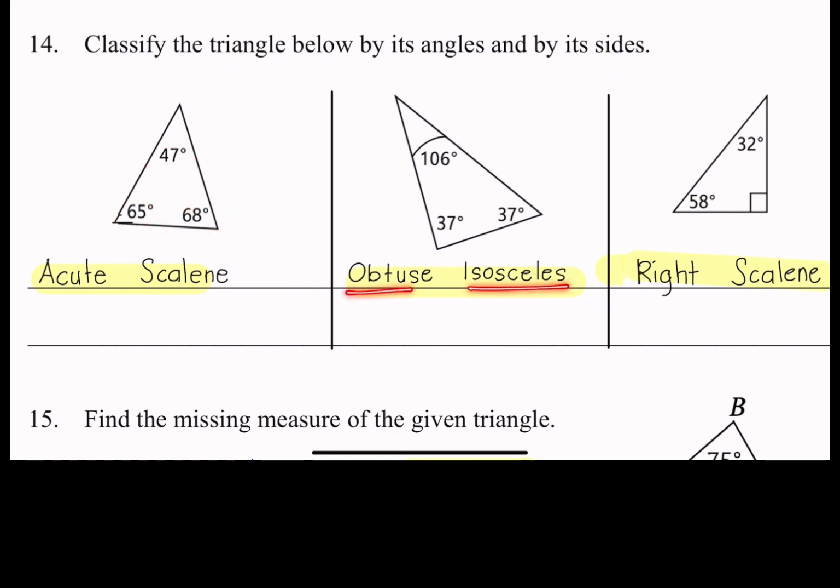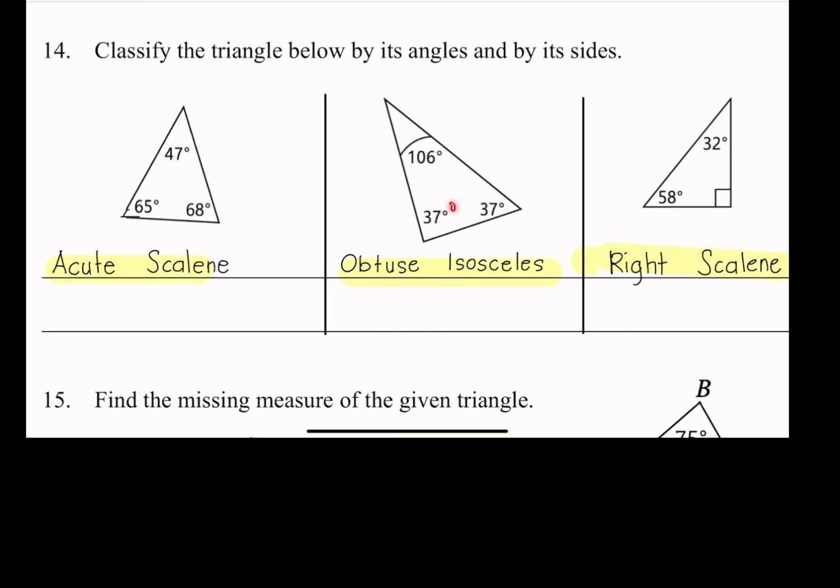Obtuse, isosceles. Why is it obtuse? So don't mind the drawing here. It seems like acute, looks like acute, but it has a big number here. So it's just an illustration. Just look at the angles given. So we have 106, that is more than 90, that is obtuse.